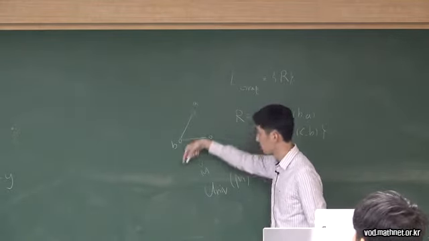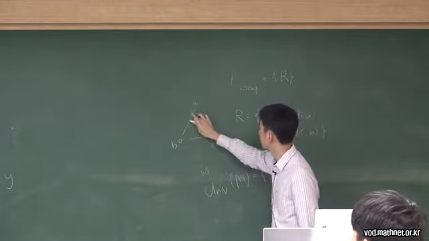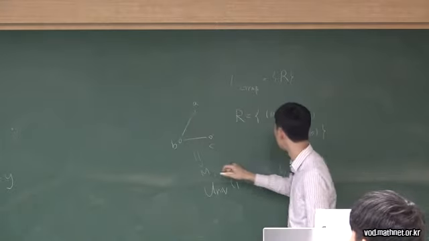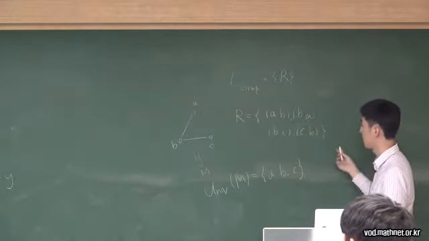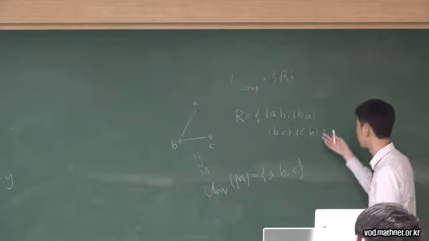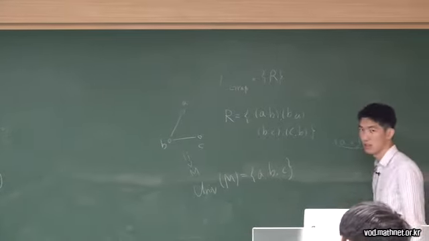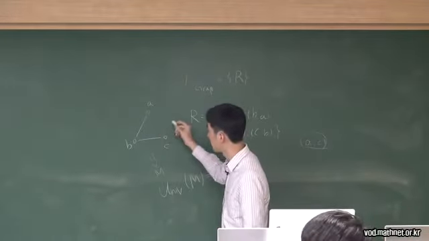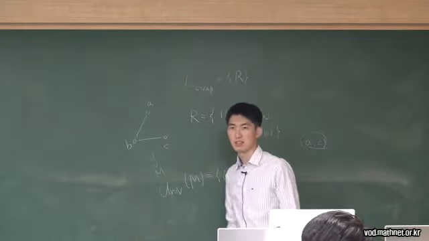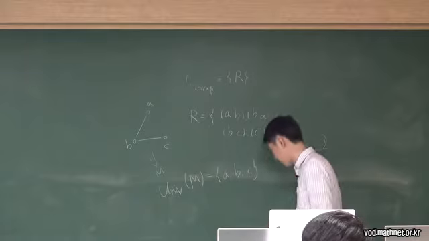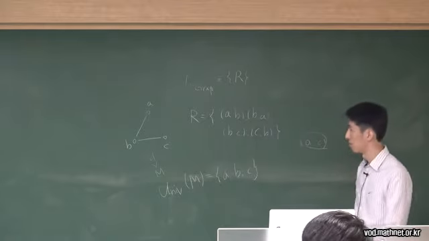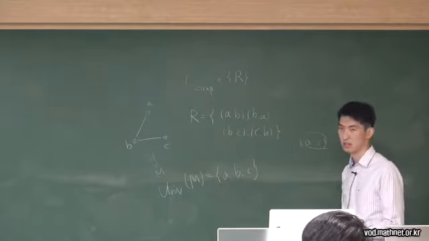Actually, there are two directions, but okay, let's skip this one. And then (B, C), (C, B), and that's it. Because this relation does not contain something like (A, C), we can easily know that there is no relation between A and C. So this is the basic notion of a structure.